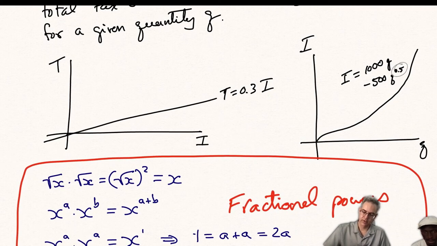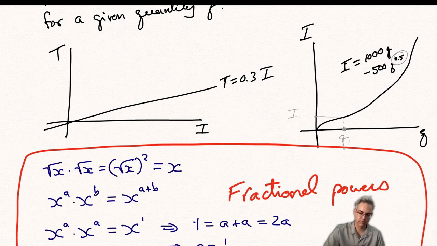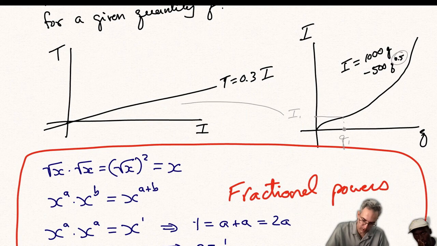So we have these two functions, and essentially I want to know, if I change q, if I had a q that was this quantity, call that q1, I would have an I1. Then I could take that I1 and find the tax for I1.